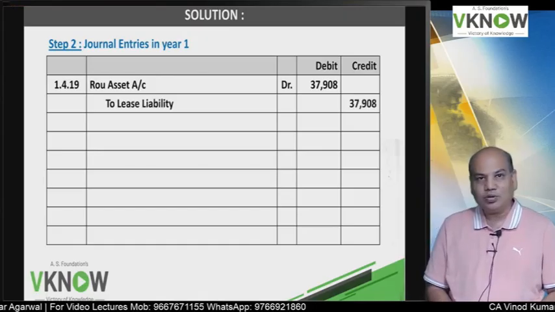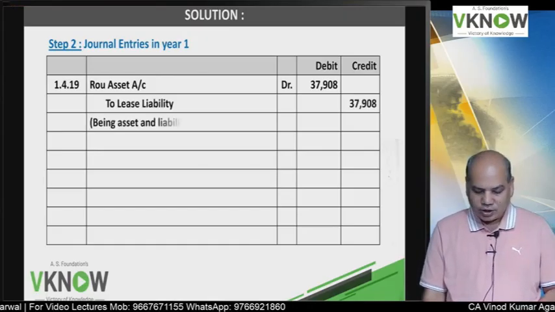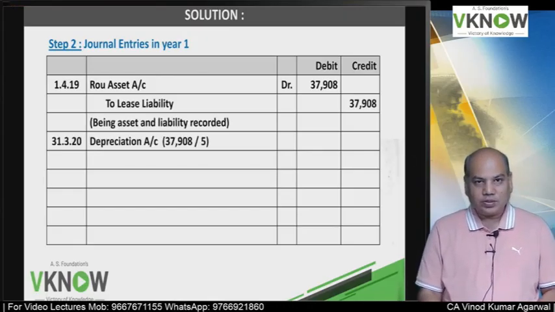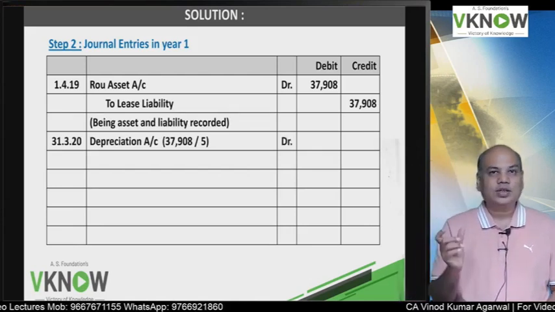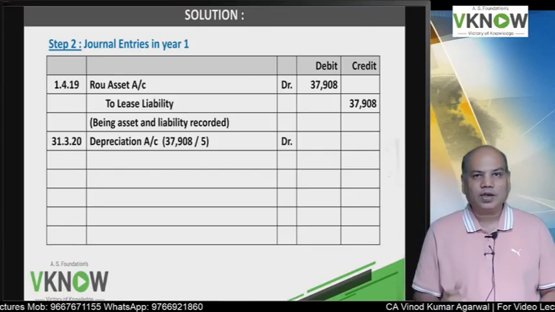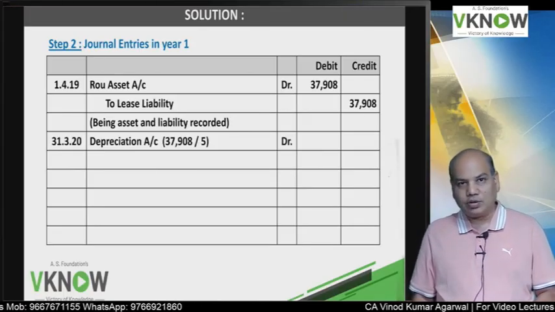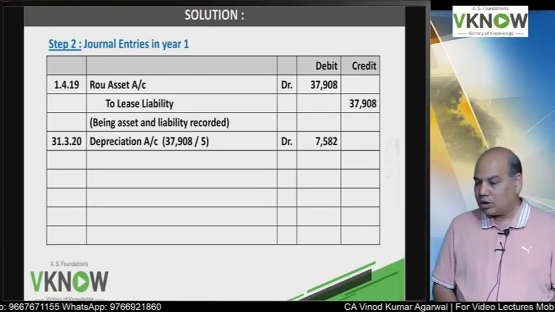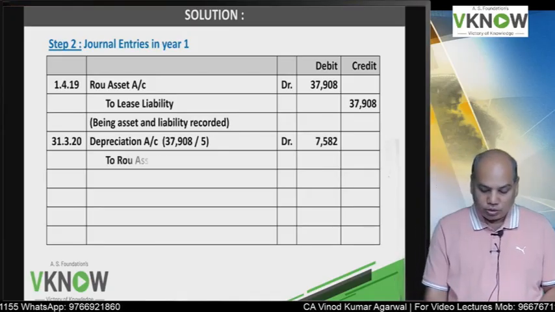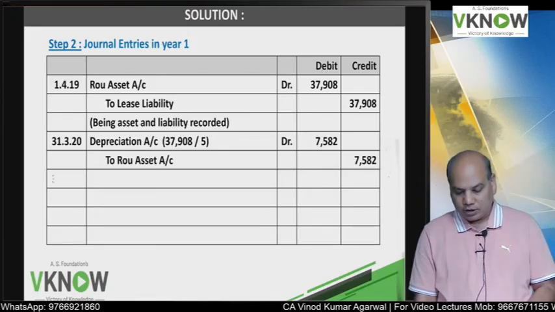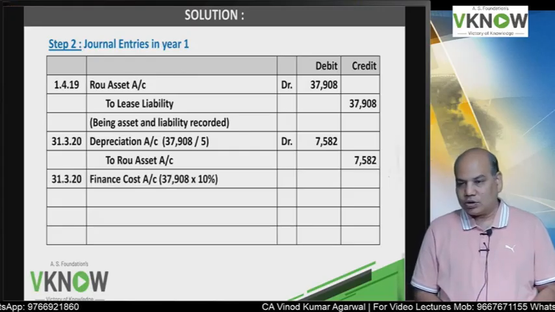ROU asset account debit to lease liability account 37,908. Then on 31st March 2020 we are going to provide depreciation on ROU asset. Lease term is 5 years, divide by 5. Depreciation is equal to 7,582. Very good. Depreciation to ROU asset 7,582. Finance cost account debit.